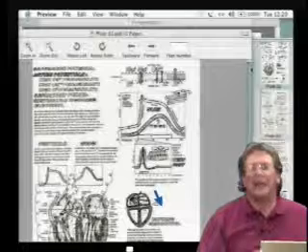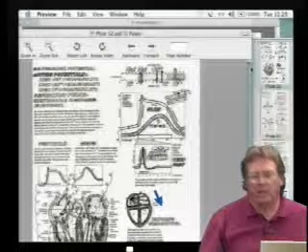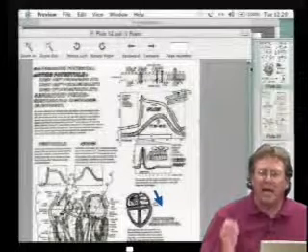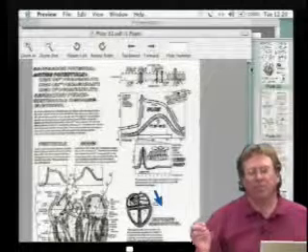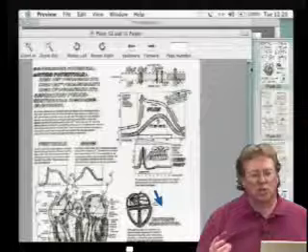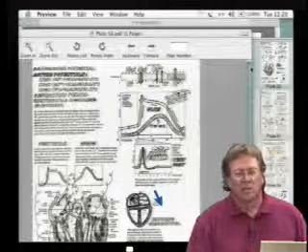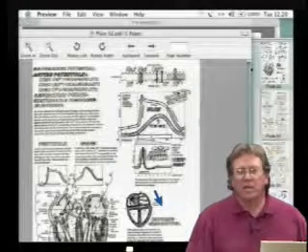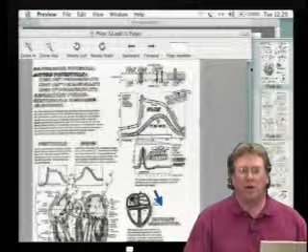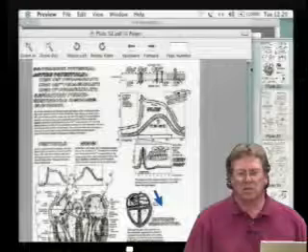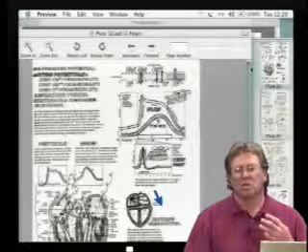Action potentials last much longer in the heart. You're using that action potential to drive a contraction which has to pump blood. This is a much slower process. So instead of 1 millisecond, you may be talking about 200, 300 milliseconds. It is hundreds of times slower.